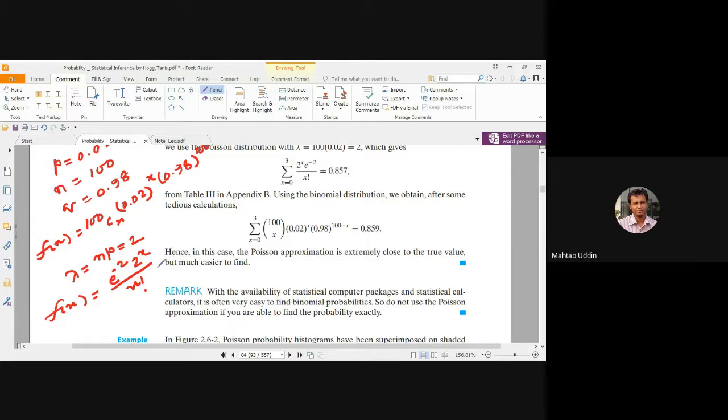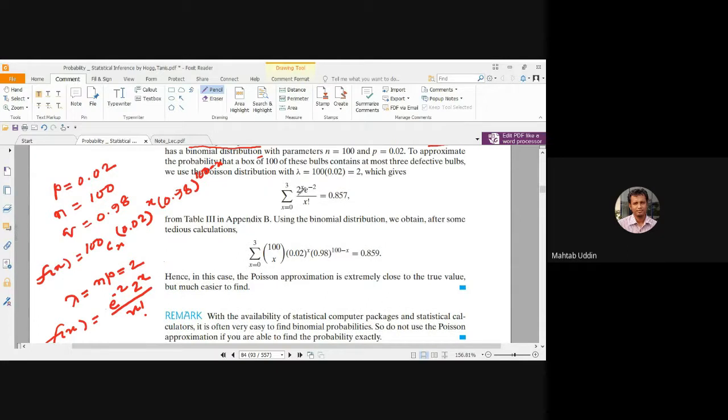Now, here we have to find the probability. They have found the probability of x less than or equal to 3, that is at most 3, using the Poisson distribution. Also, they found x less than or equal to 3 for the binomial distribution. You can see they're very close. The probability values are very close.